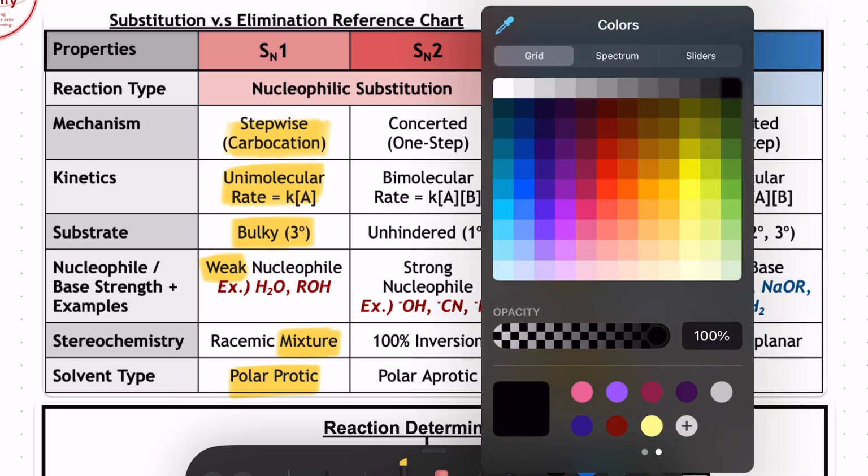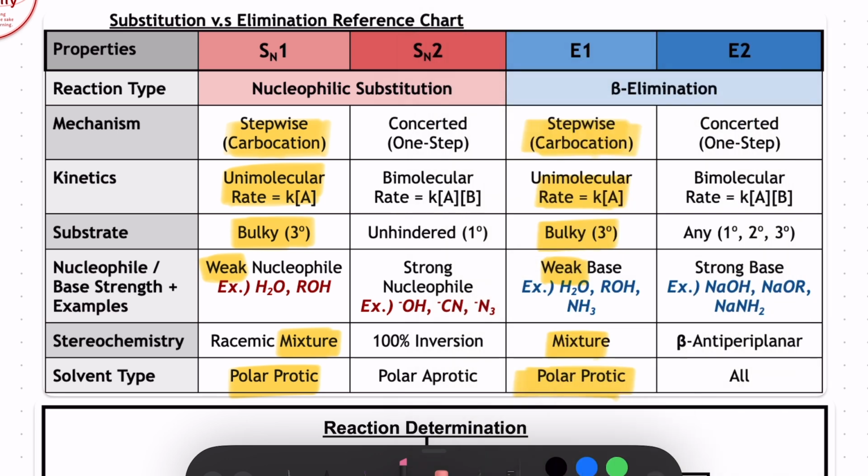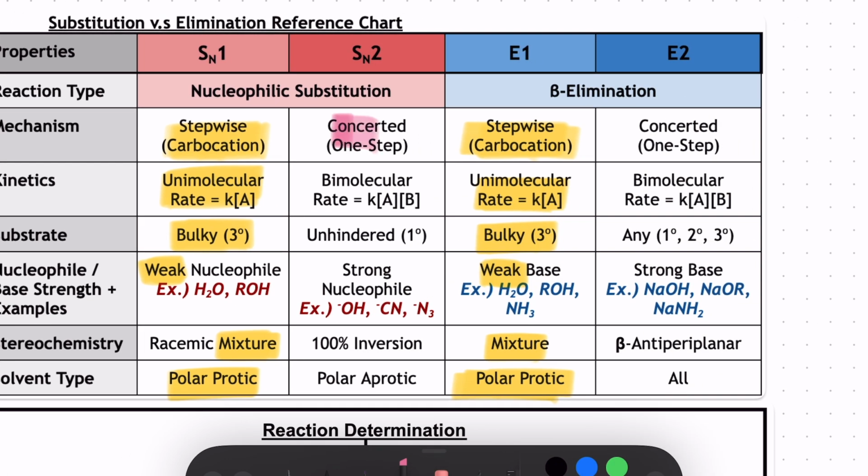Now moving over to SN2 and E2, we can see that they're both concerted. They're both bimolecular. Substrate-wise, they're not exactly the same, but E2 can happen with a primary substrate. They both require a strong reagent, again a nucleophile for substitution, a base for elimination.